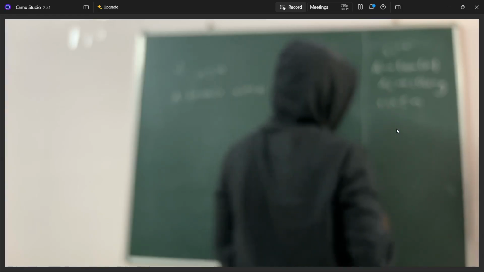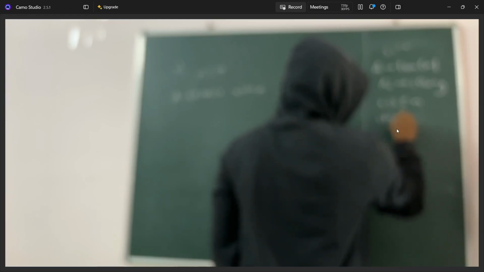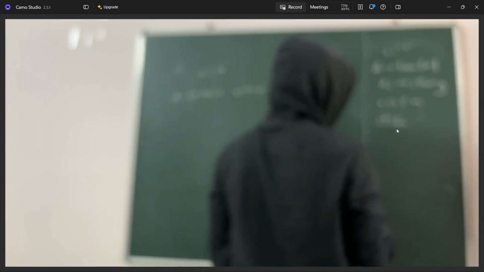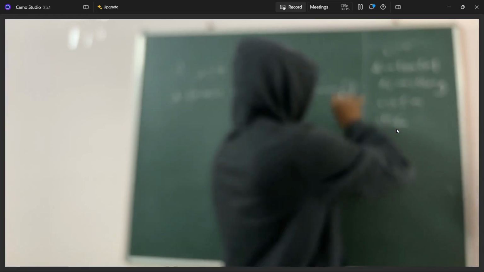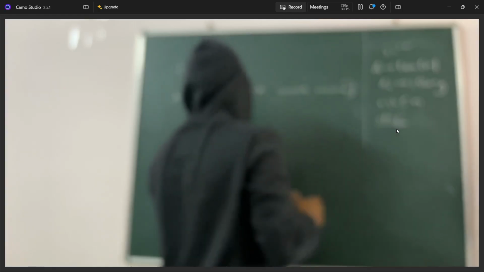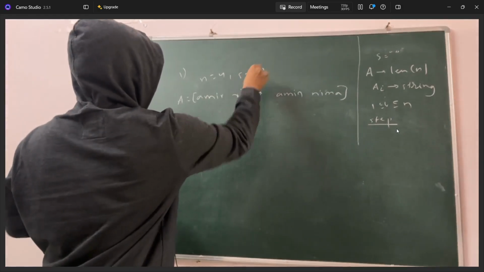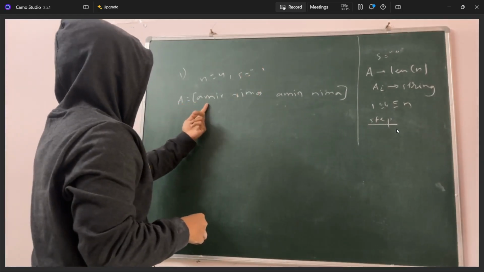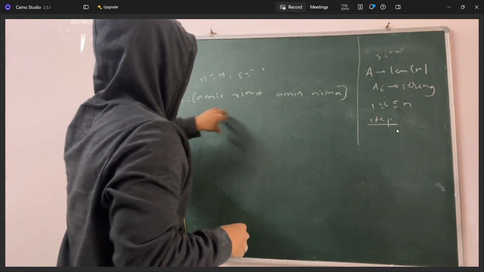It is one-based indexing. In each step, we have to move from 1 to n only. It's not like you can choose one in a random manner. When your string is empty, you have to choose the first one only, then this, then this, then this.